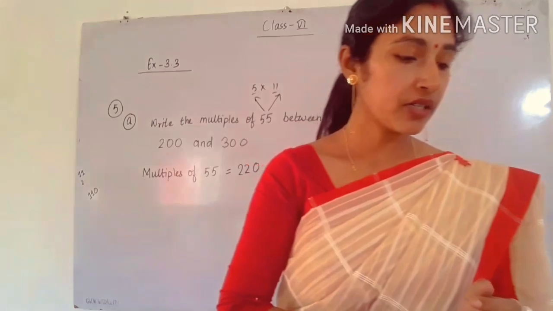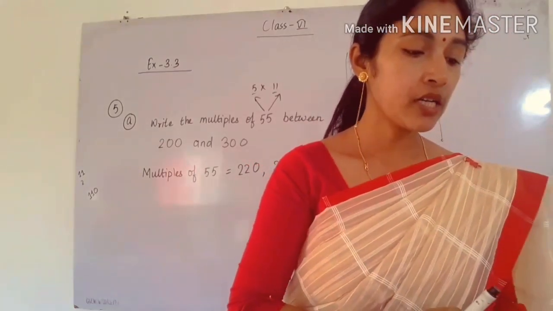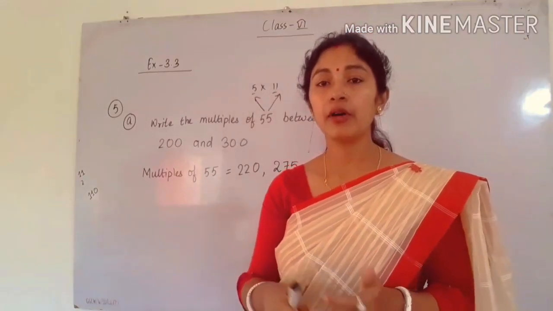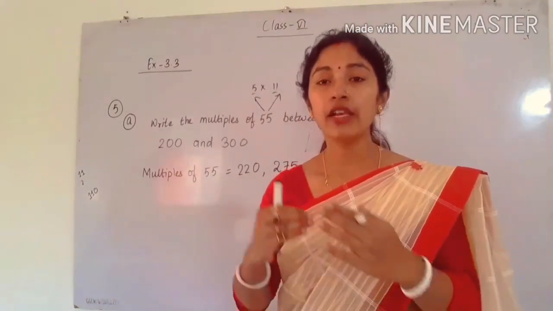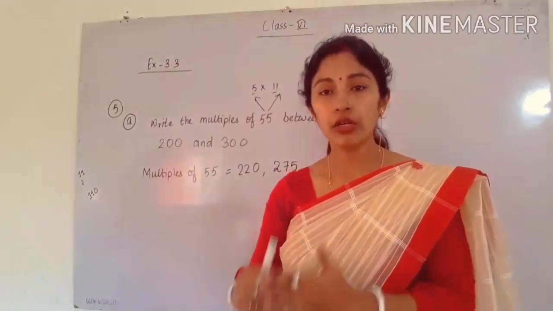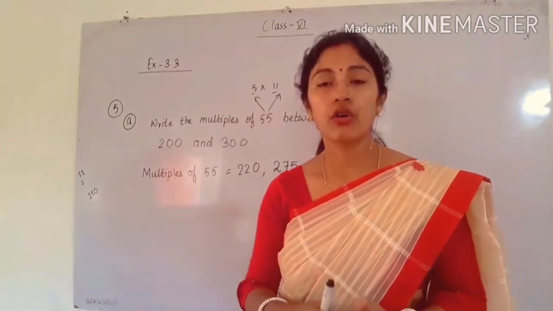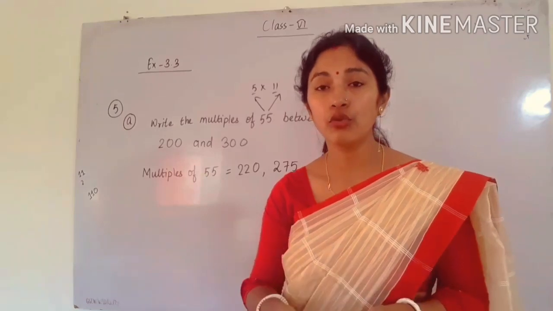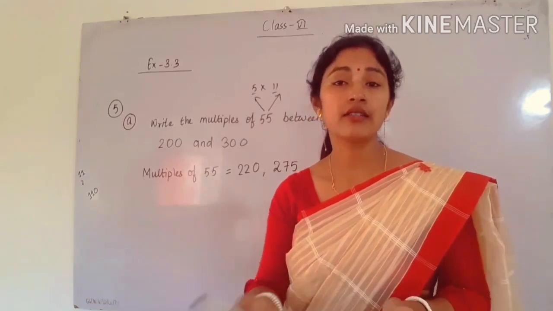Next, come to question number 7. State which of these are multiples of 10. We know that if we multiply any number with 10, then we will get a number in which the unit place is 0. Like if we multiply 10 with 2, or 10 with 8, 10 eights are 80.